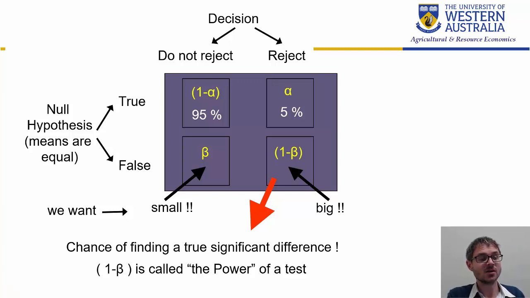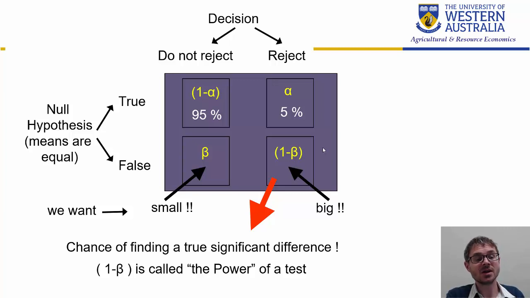Okay, so let's look at the first row here. Look at the true row. So if the null is true and I reject it, I've made a mistake. So what does that mean? If the null is true, there are no differences. And if I reject the null, it would mean that I'm concluding that there are differences. And we control the chance of making that kind of mistake by alpha. That's really what you've been doing.